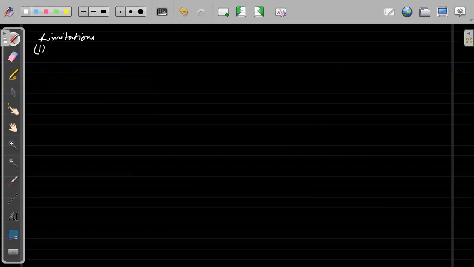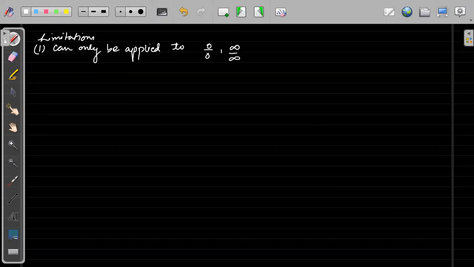The first very big limitation is that it can only be applied to 0 by 0 or infinity by infinity form. It cannot be applied to 0 to the power infinity or infinity to the power infinity form, right?